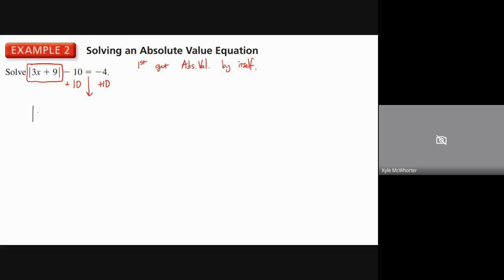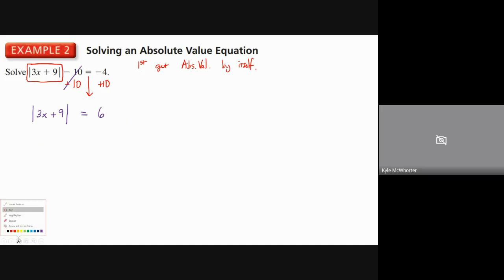So then we get absolute value of 3x plus 9 equals, because we got rid of that, -4 plus 10 is 6. Now that we got the absolute value by itself, we can see that the absolute value is actually equal to a positive number, so that we can get our 2 equations from that.